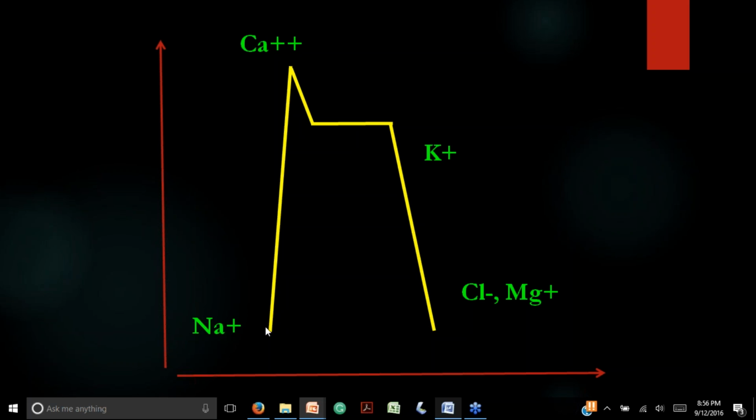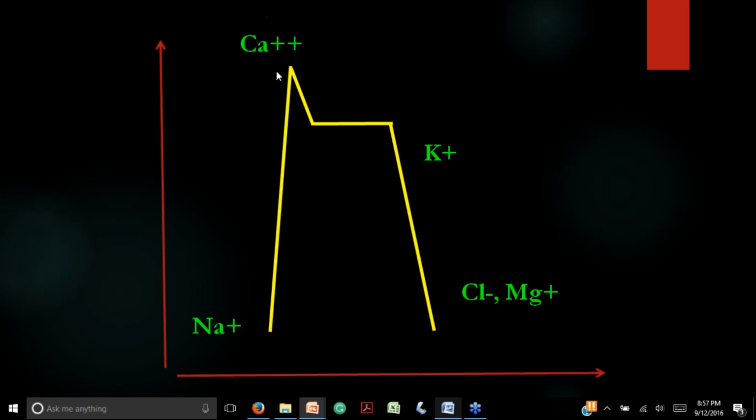In other words, when you start the depolarization of a cell, the channels for sodium are going to be open. Then to complete the depolarization, the channels of calcium are going to start opening.